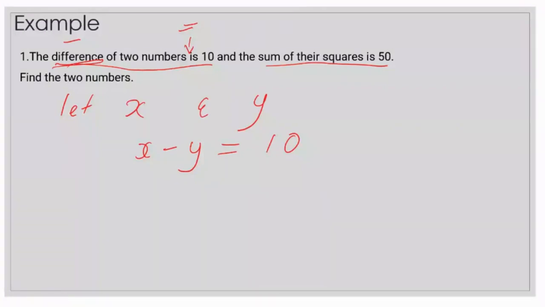So now I am applying all those rules, those keywords, to a word problem. Sum of their squares, this is another statement. Remember, what are those numbers? x and y. Sum is plus. Square is when you are going to square them. So now a sum of them, you're going to have x squared plus y squared, equal to 50.